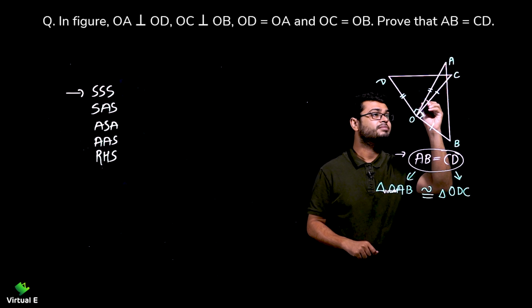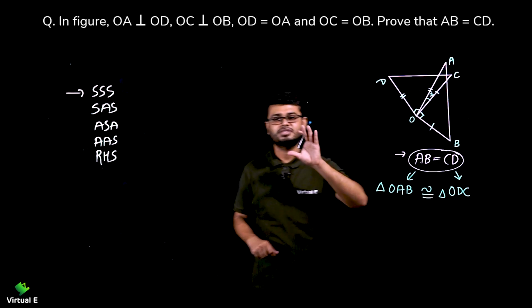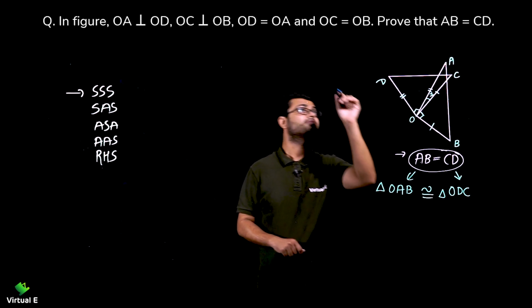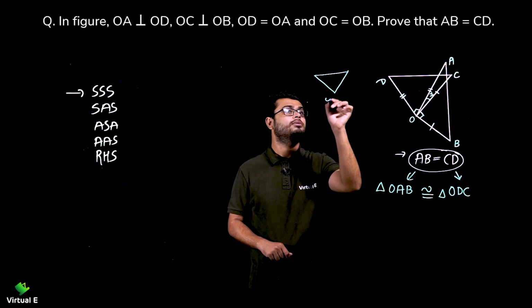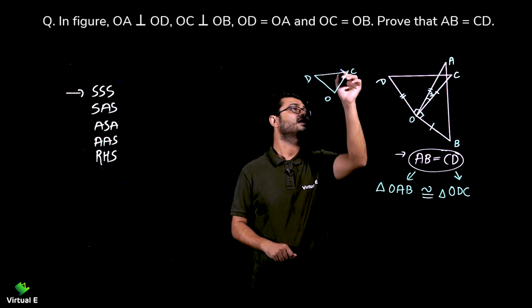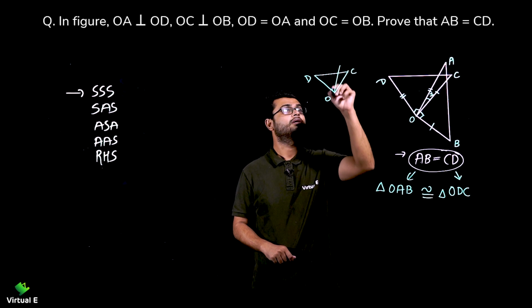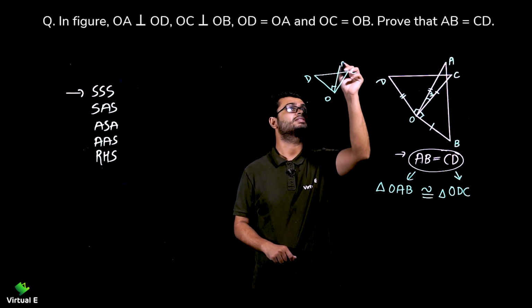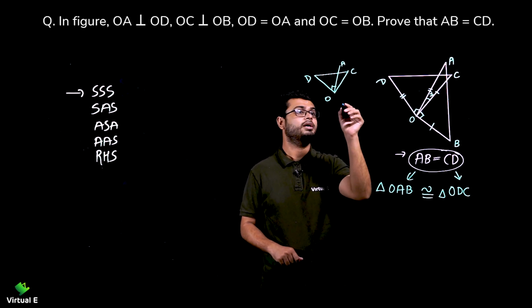Okay, let me just name this angle as angle 1. We are going to use the same strategy that we used previously, right? So first of all, let me draw here O, D and C, and A is somewhere over here, right? This angle is 90 degrees. Let's say A is over here. Then let's draw OAB.